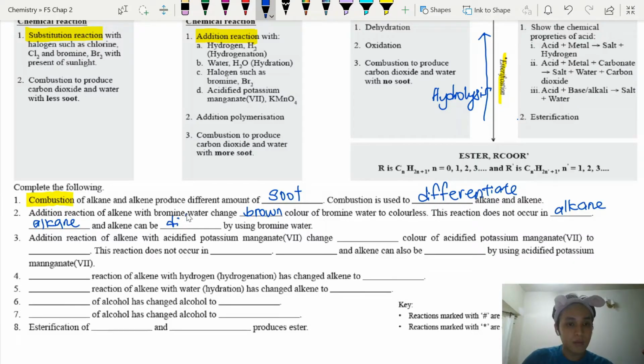Remember you have three ways to differentiate alkane and alkene: combustion, reaction with halogens, and the oxidizing agent, potassium manganate. Potassium manganate is purple; the purple color of acidified potassium manganate changes to colorless.